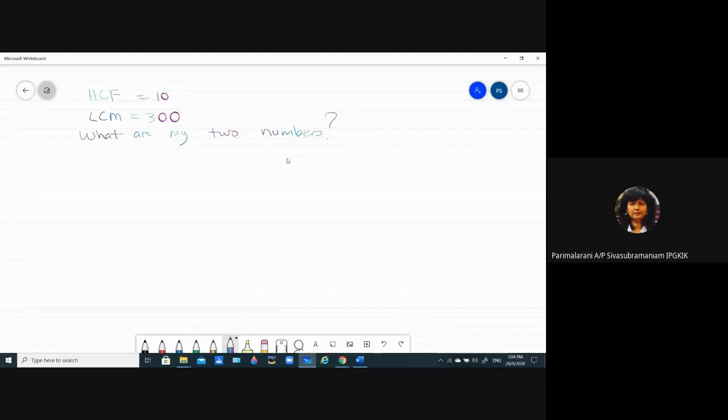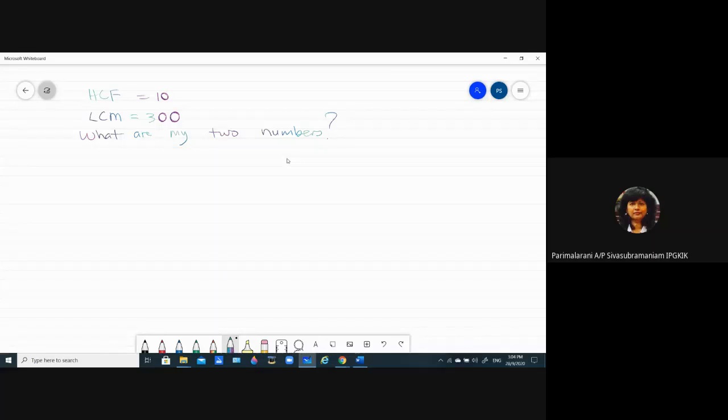So did you draw your Venn diagram? Yes. So what we have done now, we have already learned the basics. We know how to find LCM, we know HCF, we know the relationship between them. Now we are just applying. Every time we need to know how to apply.